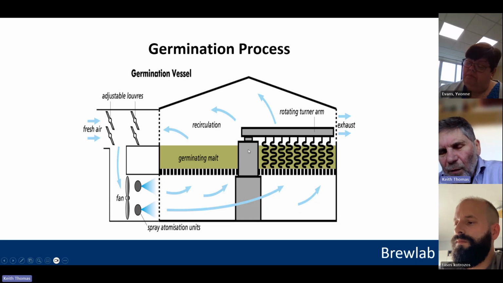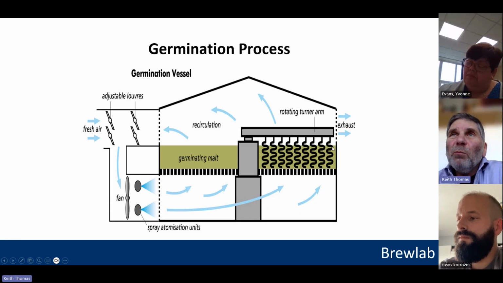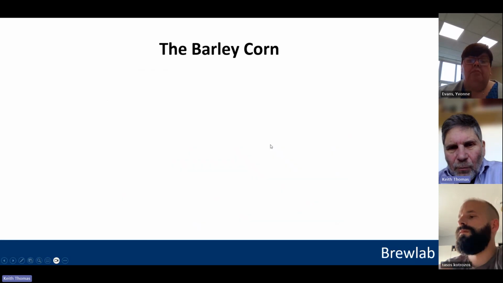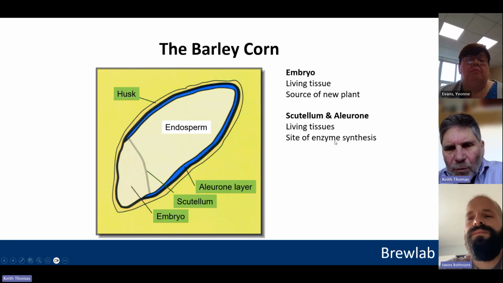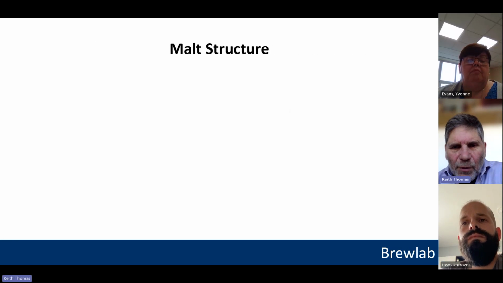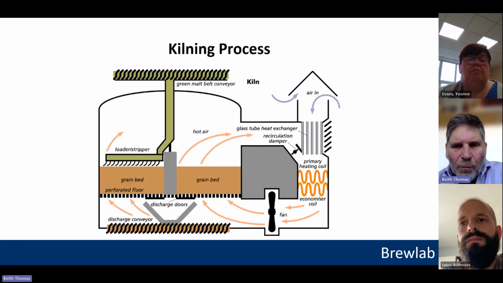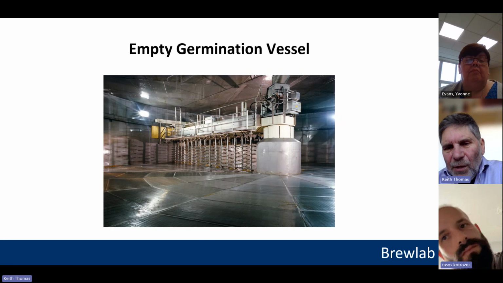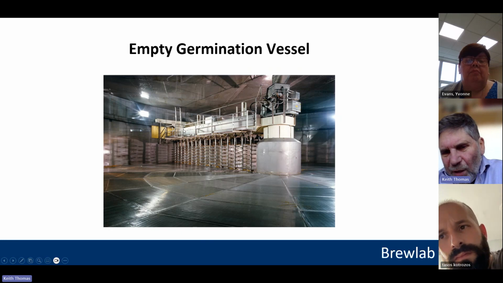These tend to be fairly modern. We'll look at the traditional way, which was just on a floor, but these are very mechanized. Here is an image of one, and an image of the grains. These vessels take tons and tons of grain at one go.